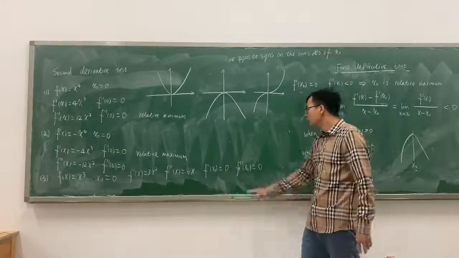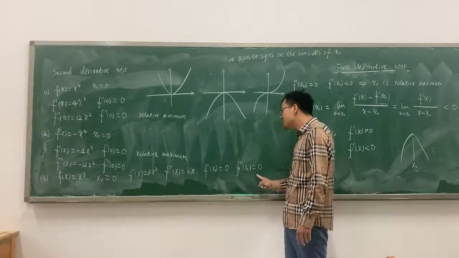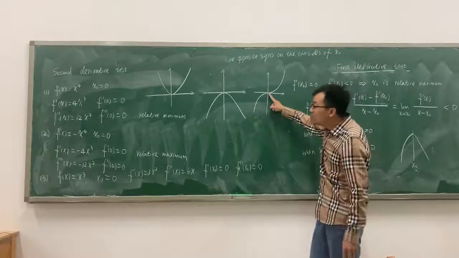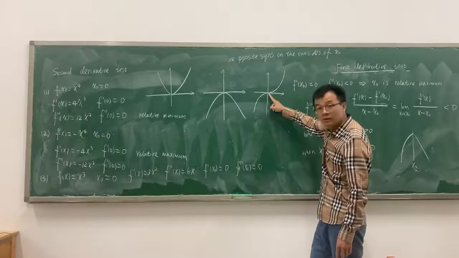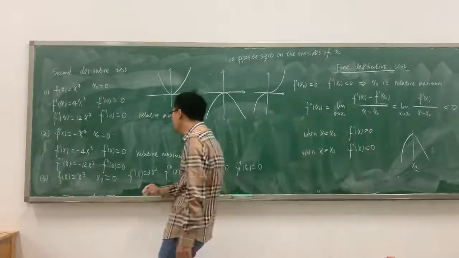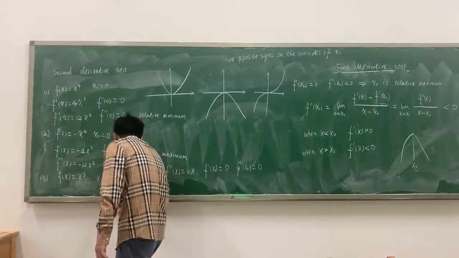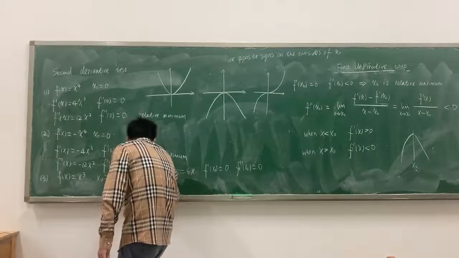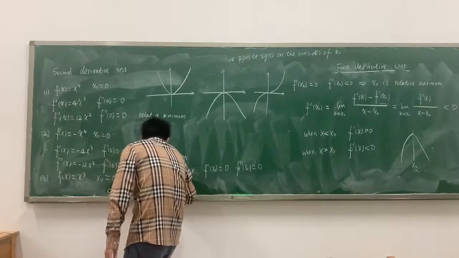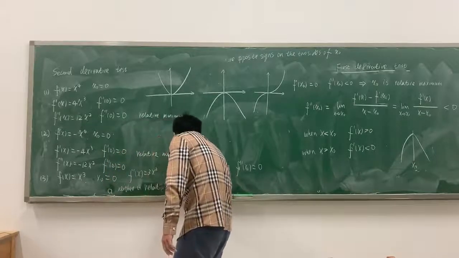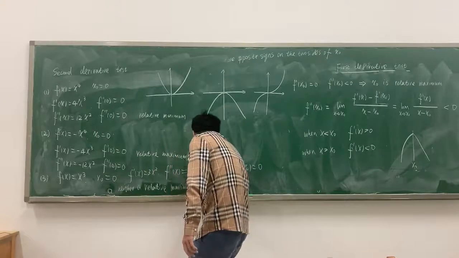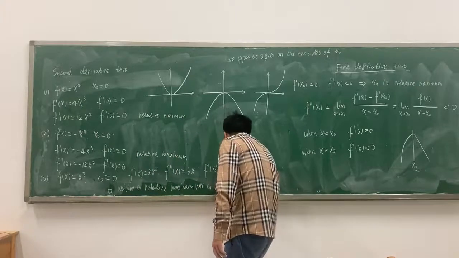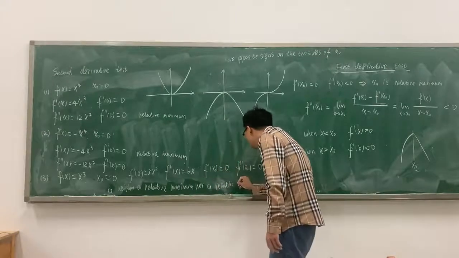So f prime at 0 and f double prime at 0 are both 0, and 0 is not a relative minimum and not a relative maximum. So x0 equal to 0 is neither a relative maximum nor a relative minimum.